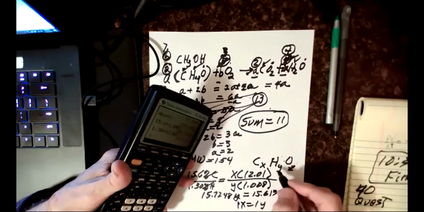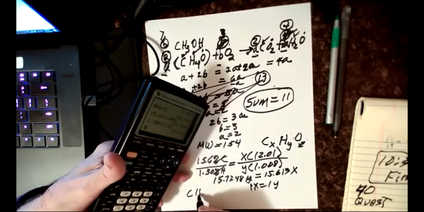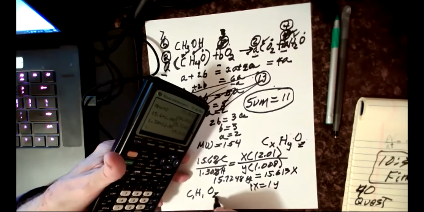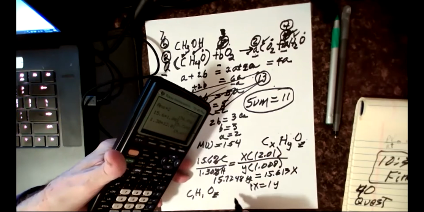So X and Y are each 1. So my formula is C1H1OZ.